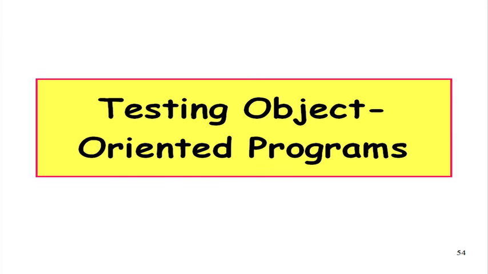Now, let us look at another important topic in testing, which is testing object oriented programs. We had said earlier that object oriented programs were introduced with the assumption that if we have very good programming practices inculcated, then the chances of bugs will be less.